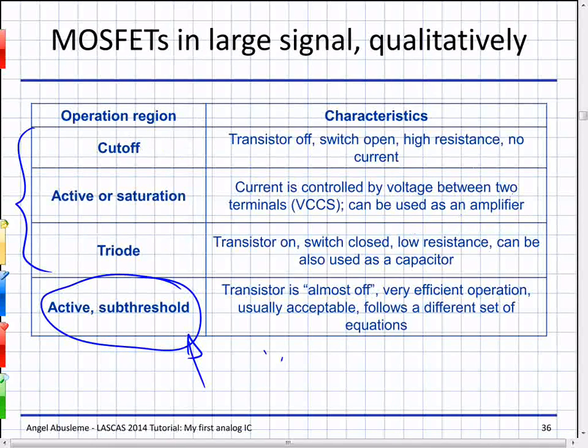So we all know in cutoff we have the transistor off, switch open, high resistance, no current. Active or saturation is good for a voltage controlled current source, so we can make amplifiers. And in triode we have a switch that is closed, a low resistance, and we can use that transistor in triode as a capacitor too.